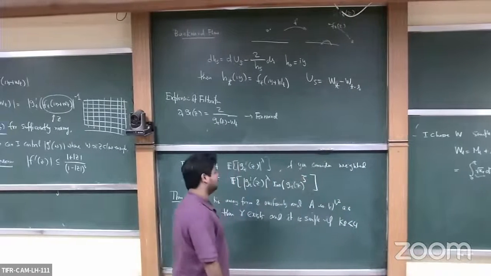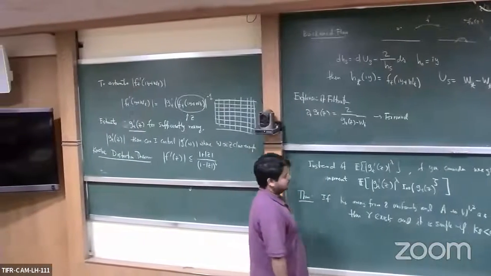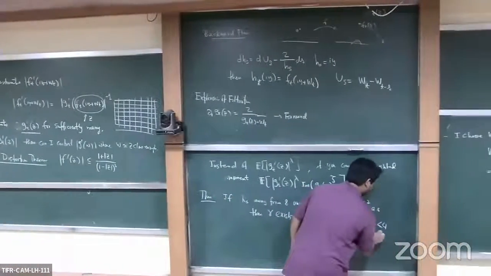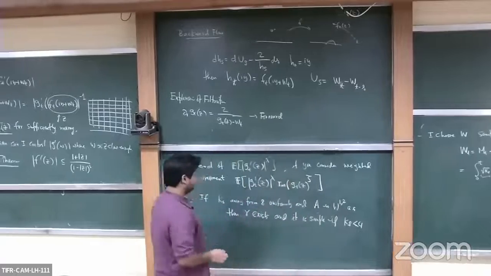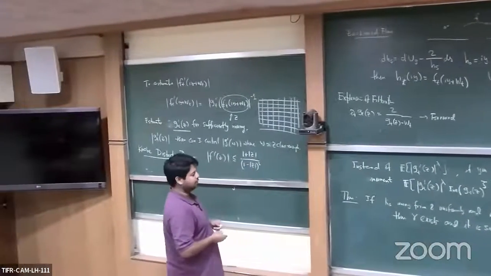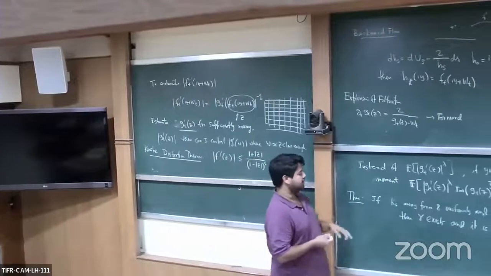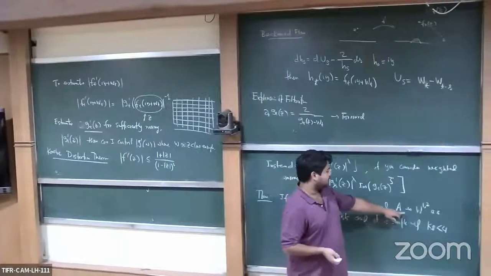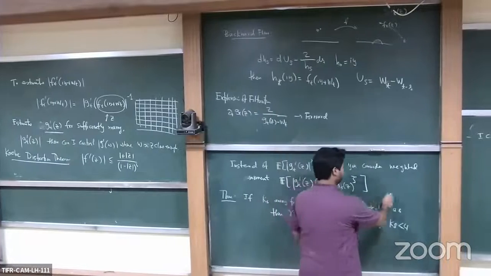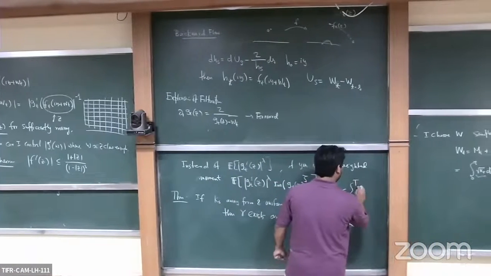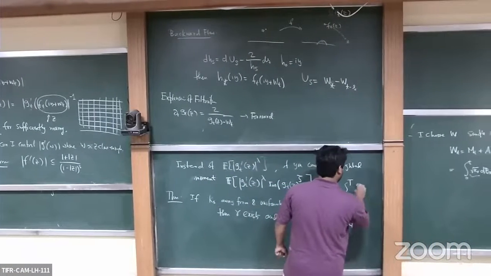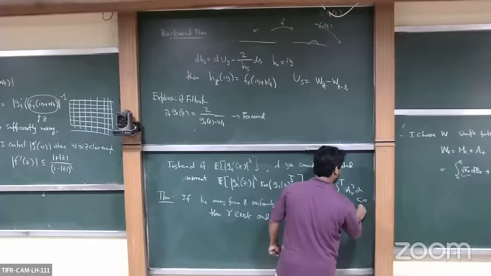I cannot handle the equal 4 case. So this is the theorem which we put. If you have a semimartingale of that form, which has a bounded variation part with finite energy, this really means that the integral from 0 to t of A dot squared is finite almost surely.